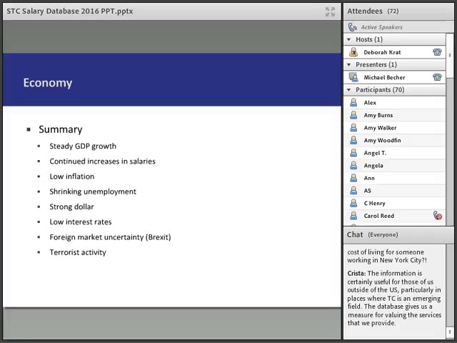And obviously in the last few years, we've seen terrorist activity has had substantial impacts on the world. When they have attacks anywhere, especially in some of the larger, more powerful countries, that trickles down to the economy across the world. So those are some uncertainties that we have, but overall the economy keeps chugging away, and it's been very strong.